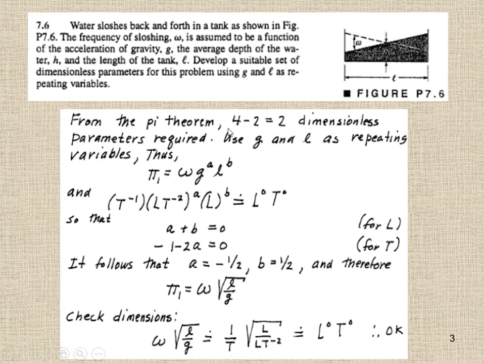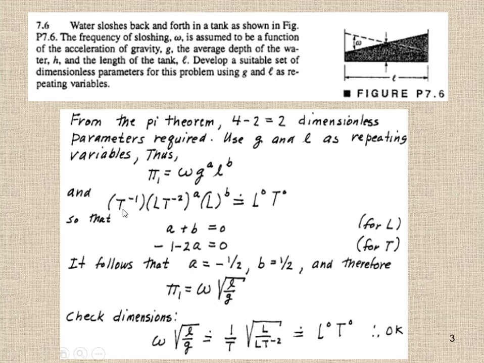After that, we find out the total number of fundamental dimensions involved in those variables. Omega is basically the frequency, so the unit of frequency is 1 over time, so the fundamental dimension of omega is T inverse.